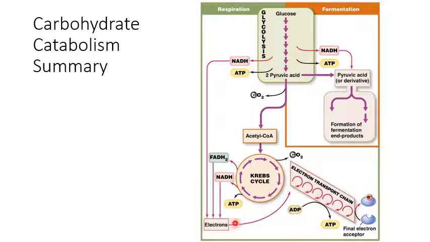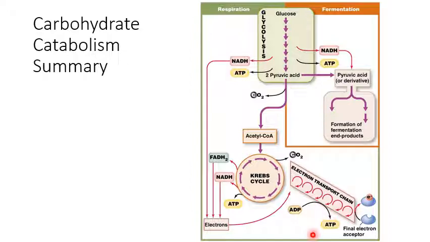Then all of those electron carriers from glycolysis and from pyruvate oxidation and from the Krebs cycle are going to move on to oxidative phosphorylation, and they will drop their electrons off at the electron transport chain. The electrons are going to hop from one protein complex to the next. As they move, they're losing energy.